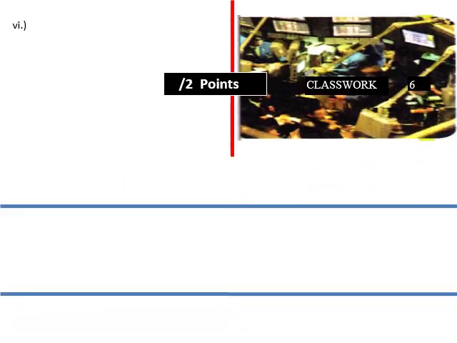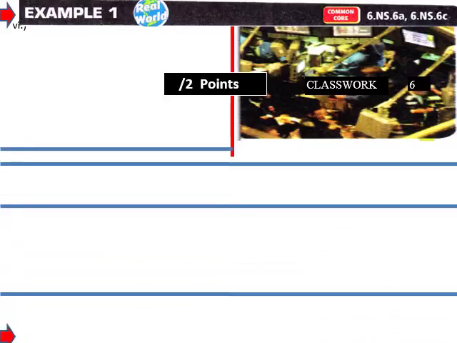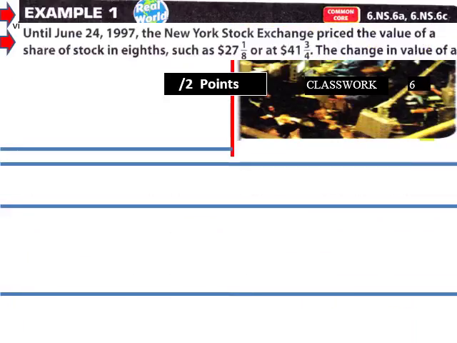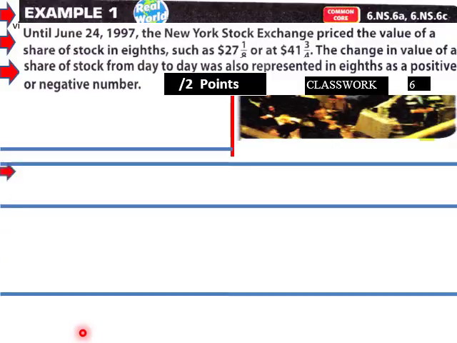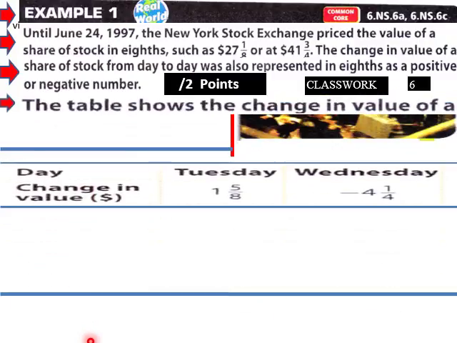Okay, onward here. Page 6, classwork. So example 1, until June 24, 1997, the New York Stock Exchange priced the value of a share of stock in eighths, such as 27 1/8 or 41 3/4. The change in value of a share of stock from day to day was also represented in eighths as a positive or negative number.